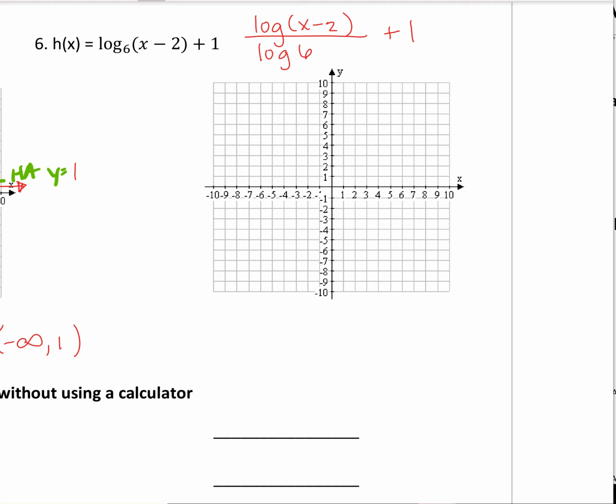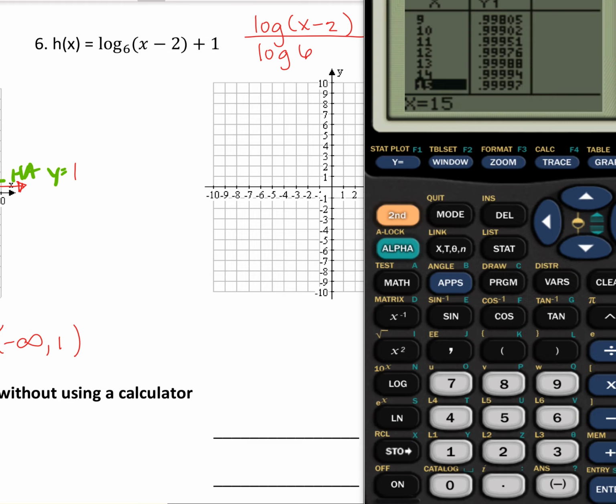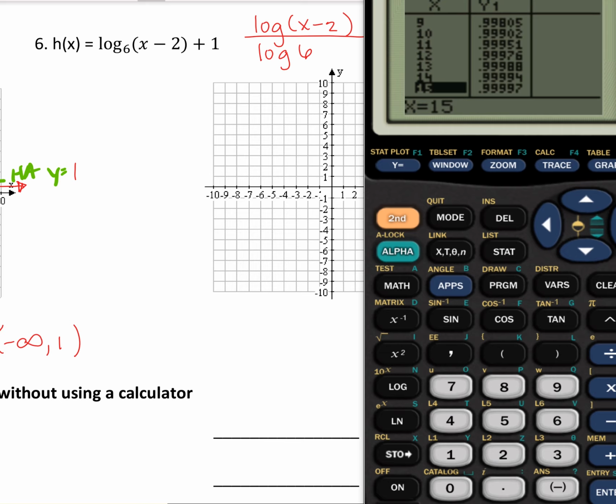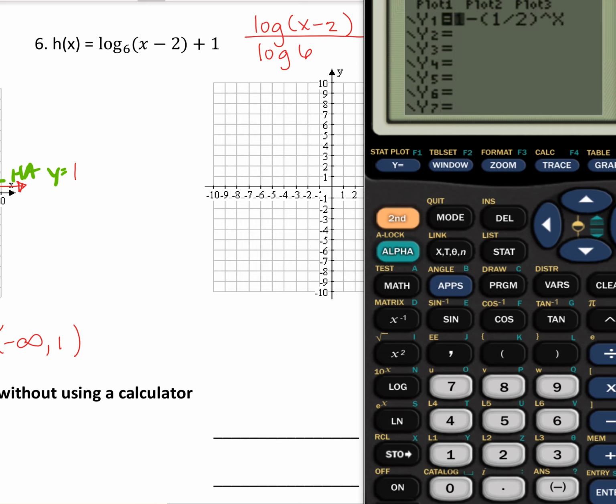So in your calculator, that's what we're going to do. Okay, so in y equals, I'm going to put log x minus 2 divided by log 6, and then a +1 at the end.